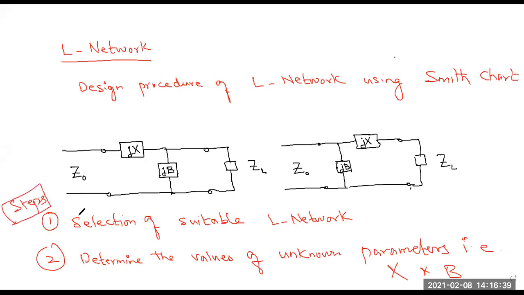We have already covered how to perform these two steps using the analytical method. But today we are going to find out how the Smith chart can be used to design this network. Whenever we are designing an L network, we again have to take these two design steps: one is selection, and then finding the values of the unknowns.